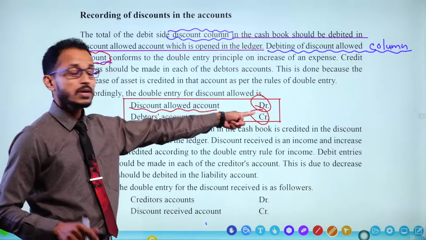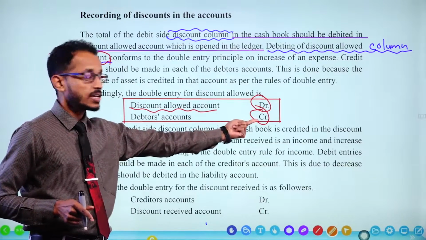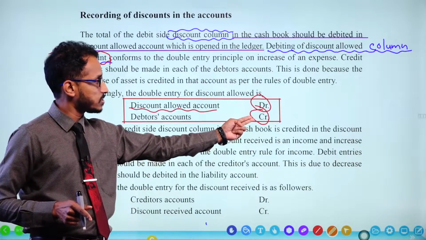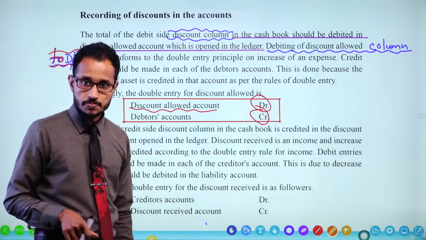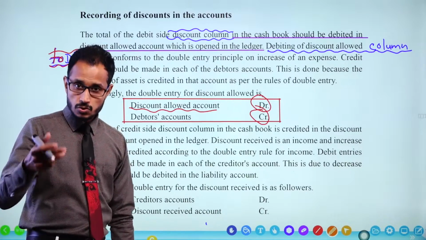Every discounts allowed amount should be credited to the relevant debtors accounts. That is the double entry. Okay, you will better understand this when we do a question.